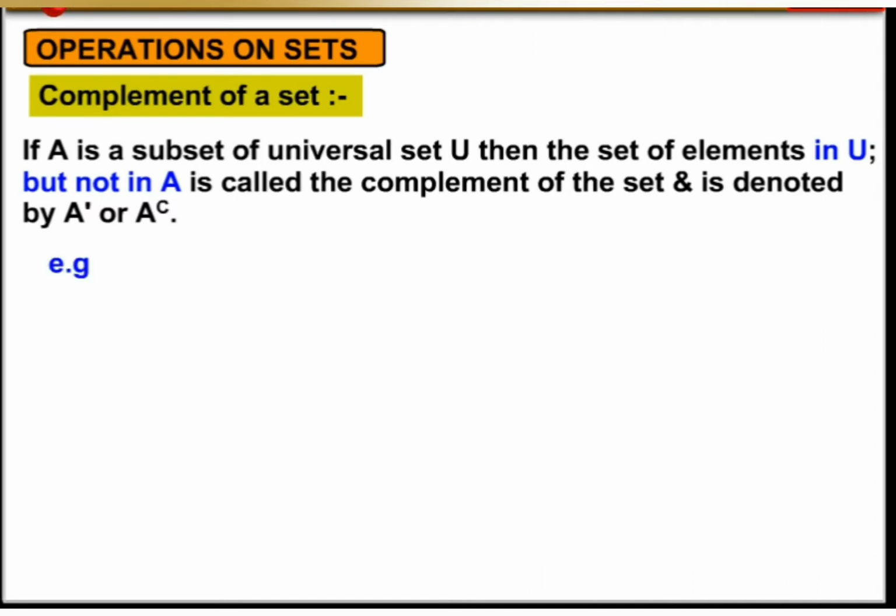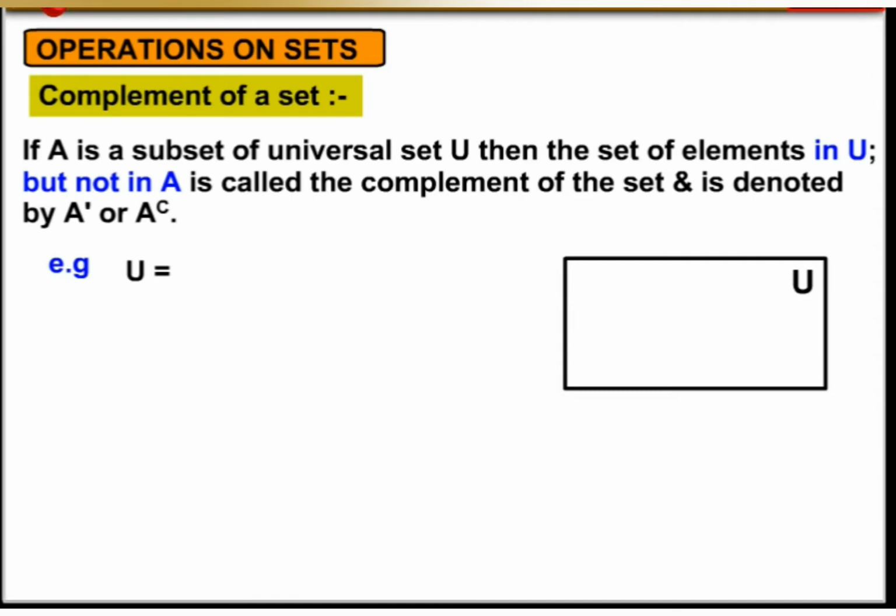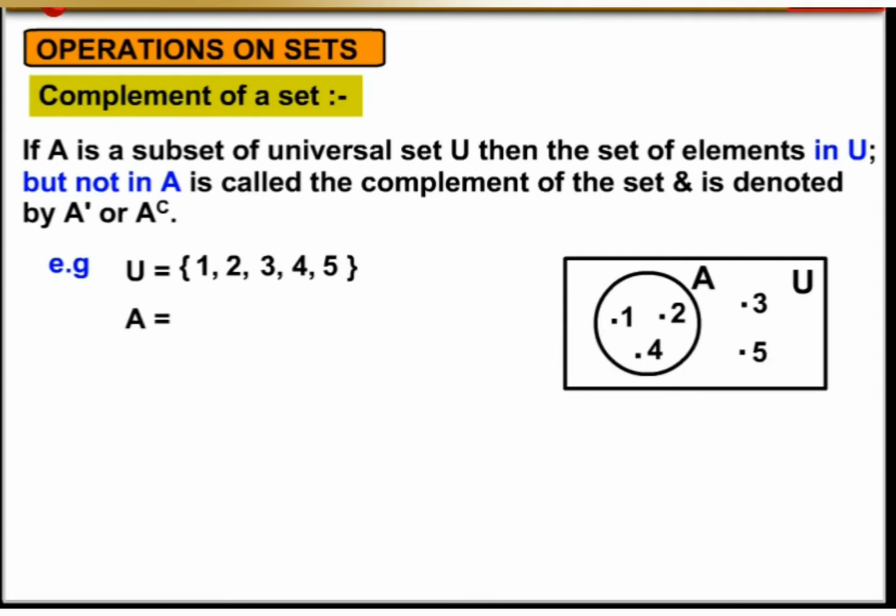For example, U = {1, 2, 3, 4, 5}, A = {1, 2, 4}. Then A dash = {3, 5}.